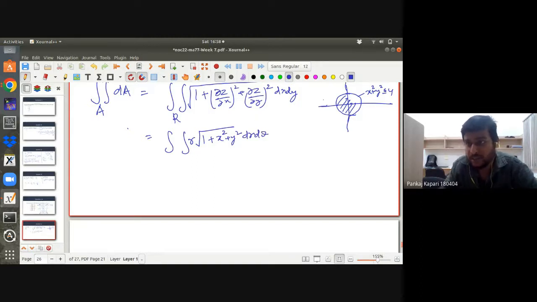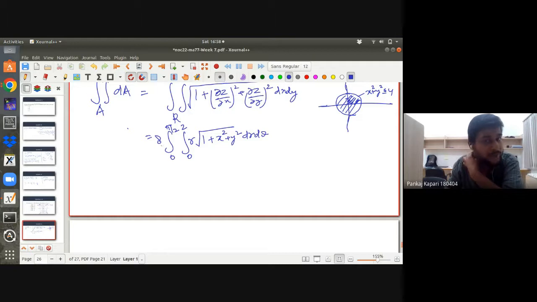We have changed this into polar coordinates, and now we multiply because we just integrated in the first quadrant. The limits of r are from 0 to 2 and the limits of theta from 0 to pi by 2.